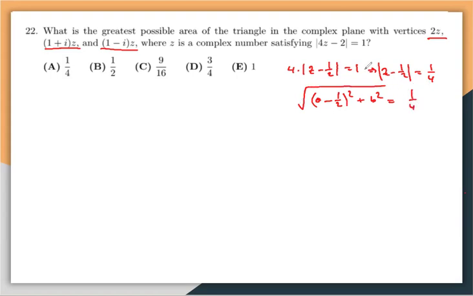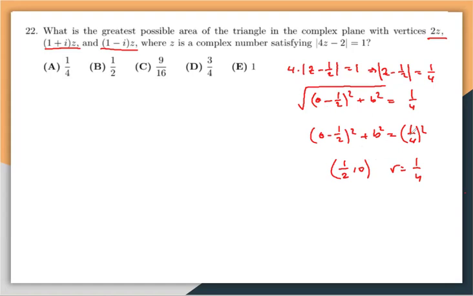That's how you find the modulus or the magnitude of the complex number. So in absolute value, you can just square both sides. So you get a minus 1 over 2 square plus b square is equal to 1 over 4 square. What does that equation look like? This is a circle with center 1/2 comma 0, and the radius is 1 over 4.